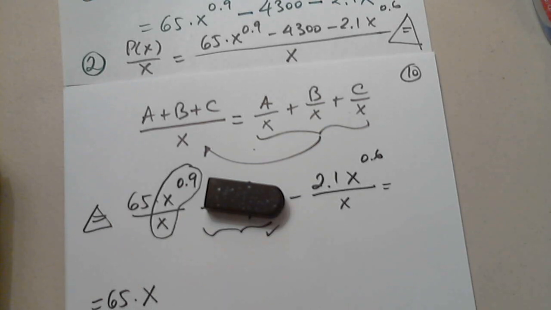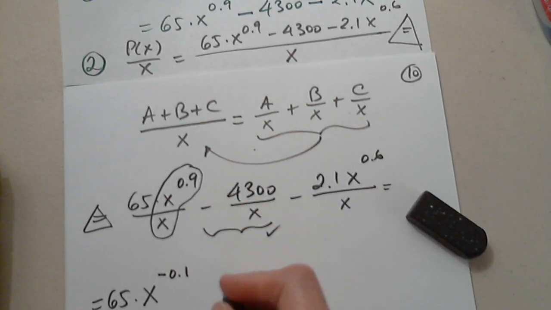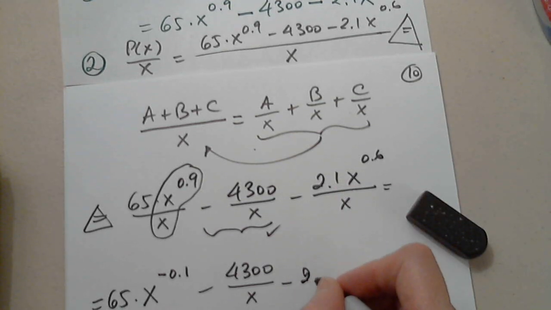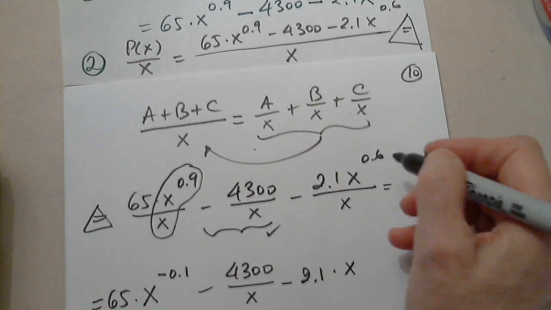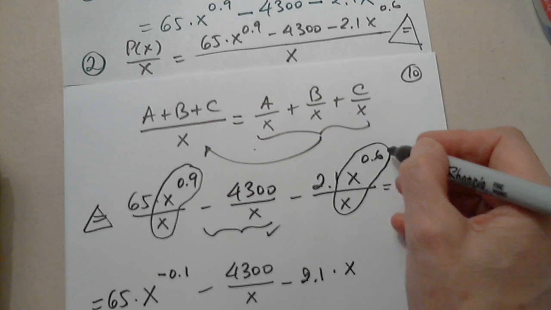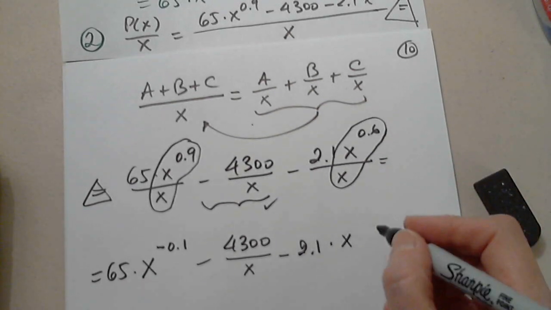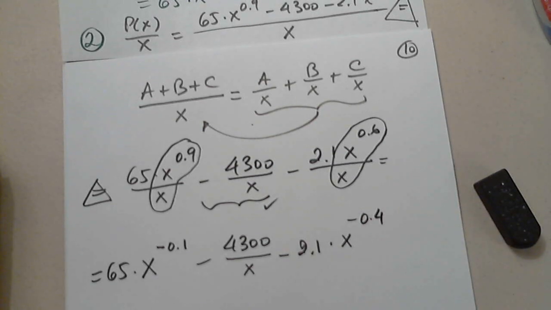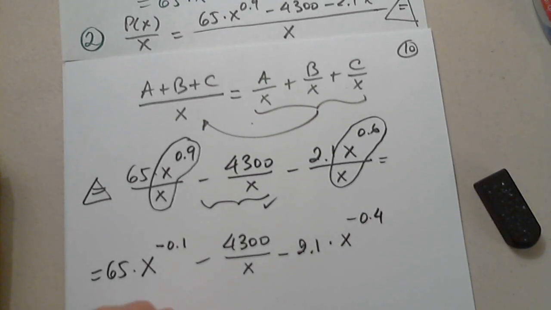What do I get? Negative 0.1. Leave that alone because we know how to differentiate it. Minus 2.1 times x to which power? How do I change this? Negative 0.4. Excellent. Wonderful.